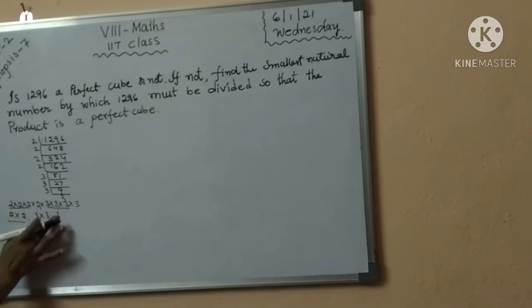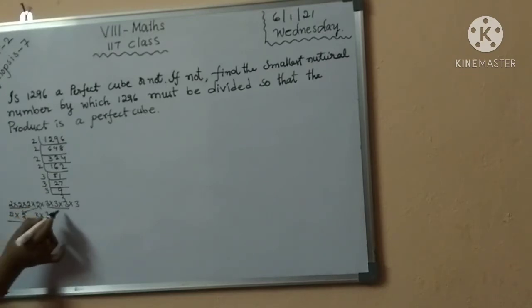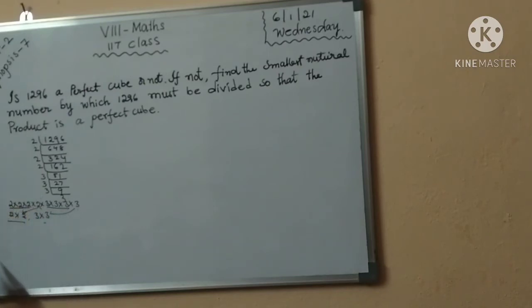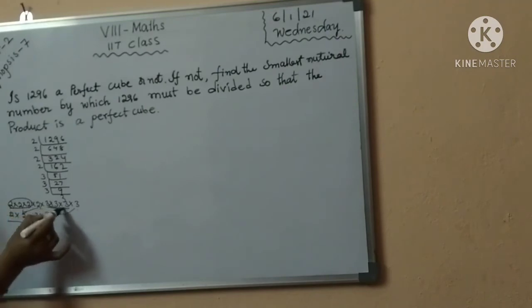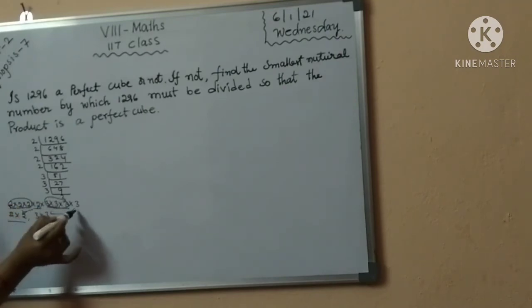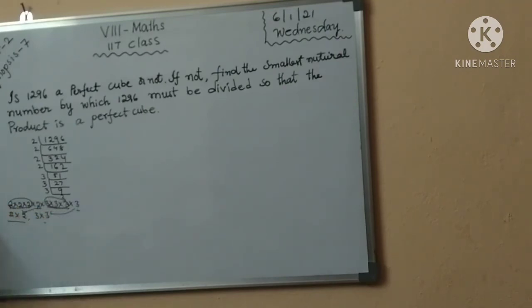Did you understand, children? So it is not a perfect cube. Here only 2 groups are there, but 2 and 3 are single numbers.